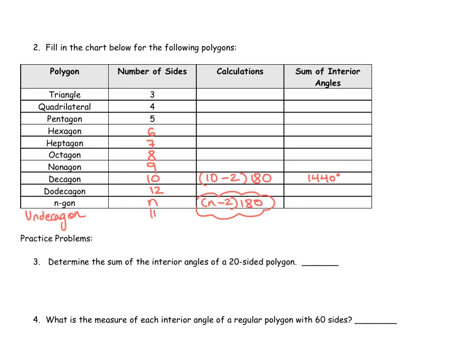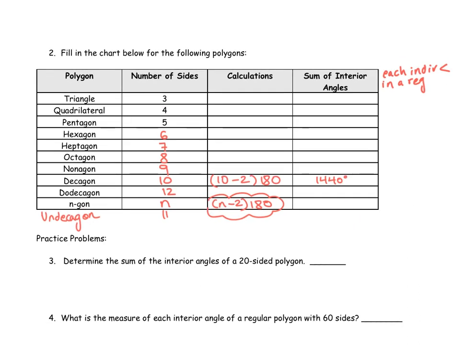Now, what if I want to find the measure of each individual angle in a regular polygon? So let's say I'm still going to stick to the decagon, and I want to find, if this is a regular decagon, then how can I find the measure of each angle?